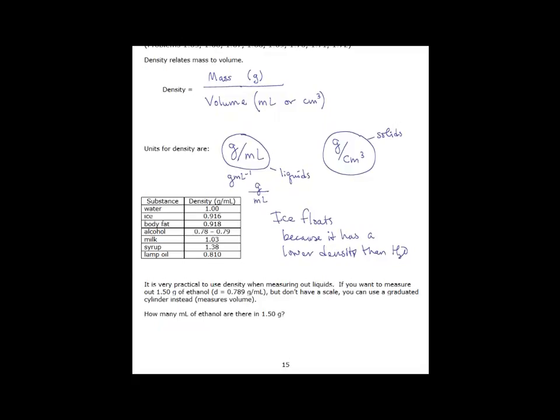It turns out if you ingest a lot of gasoline, which has a density less than water, and you're taken to the hospital, the way they treat this gasoline poisoning is by giving you milk.